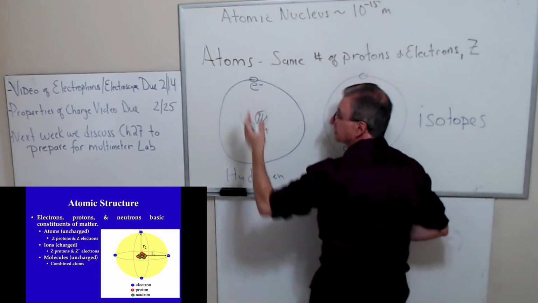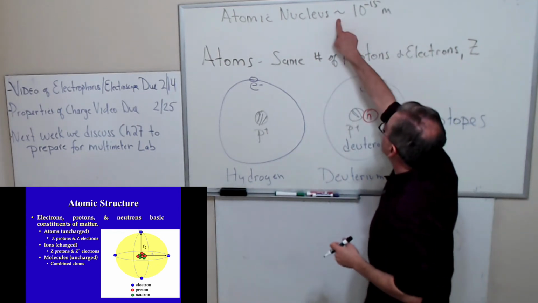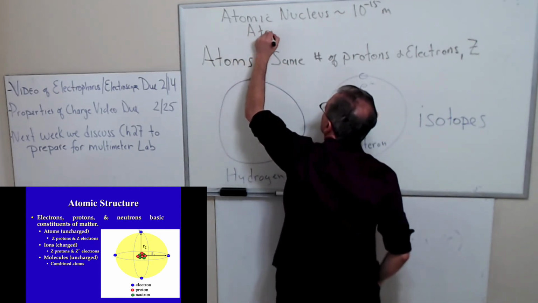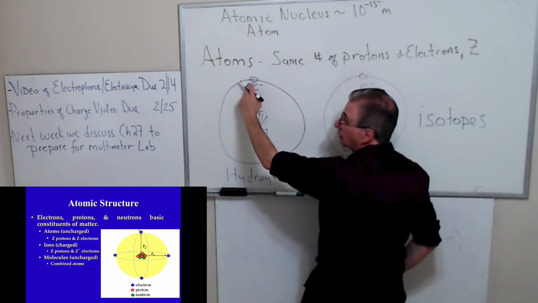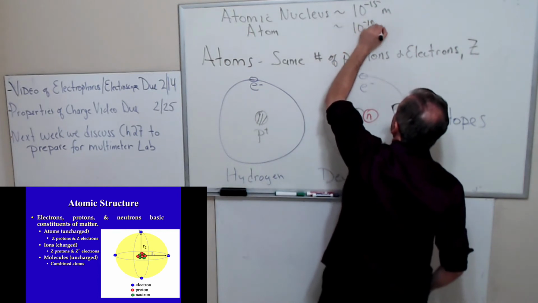The diameter is of that order. The atom itself, the size of the atom, which is really defined by where the outer electron is, is about 10 to the minus 10 meters.